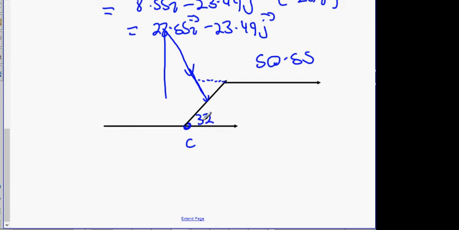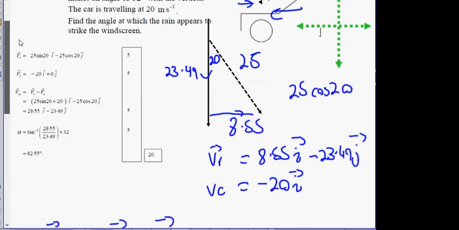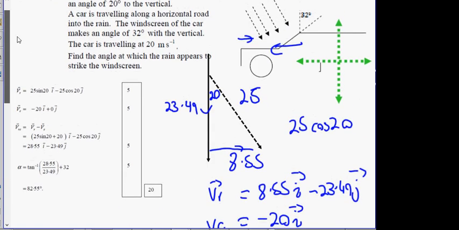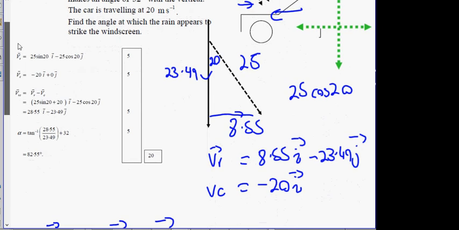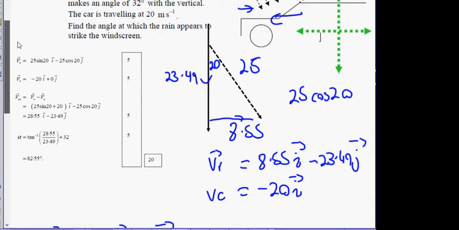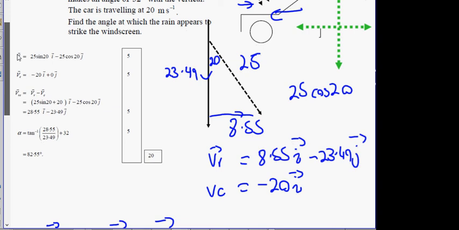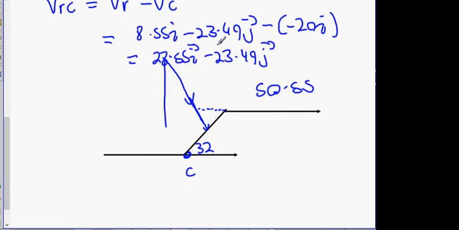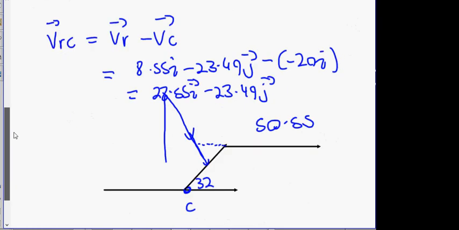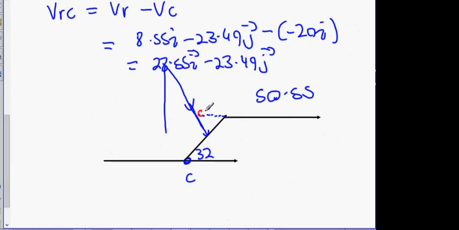The windscreen itself. It's 32, correct? And we want to find the angle at which the rain appears to strike the windscreen. So the answer is the 82. It's this angle here that we're looking to find out.